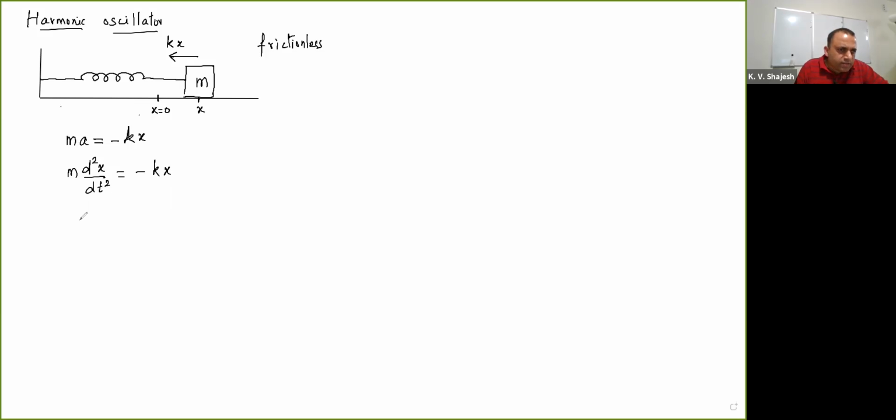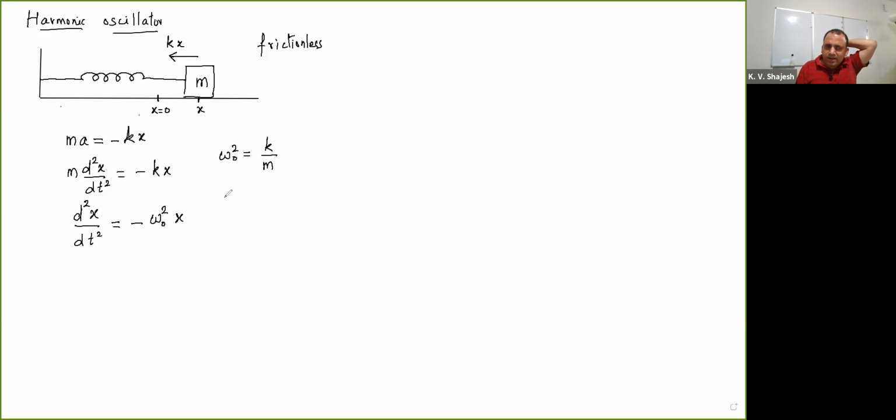We can rewrite this by dividing out by m, and we have the second derivative of the position with respect to time is equal to minus k over m times x. And let me define the quantity omega naught squared, which is the ratio of the spring constant over mass m.